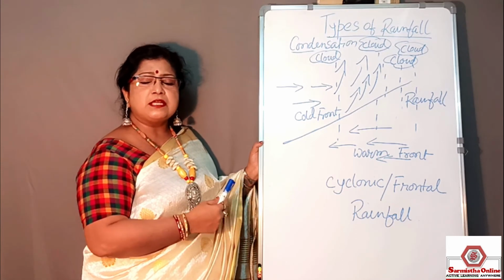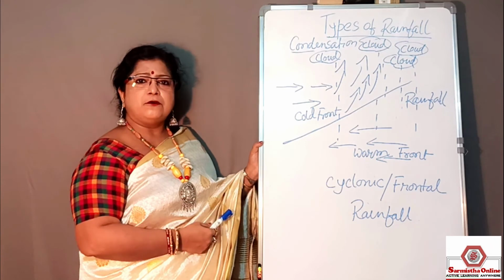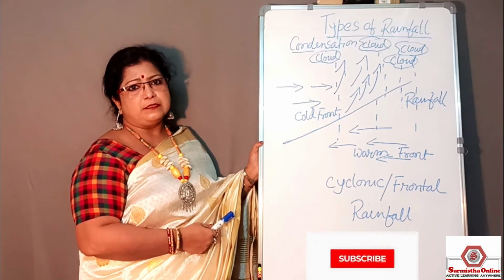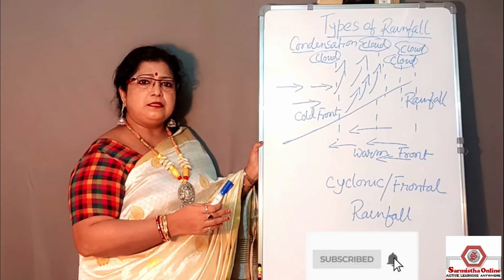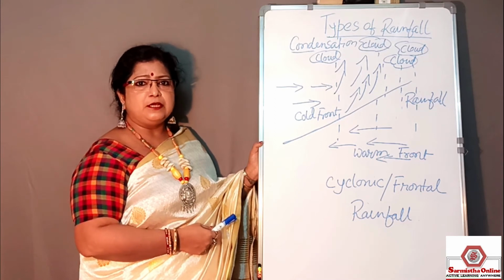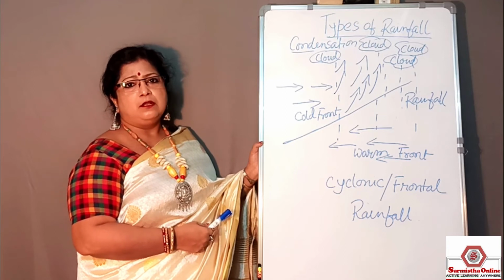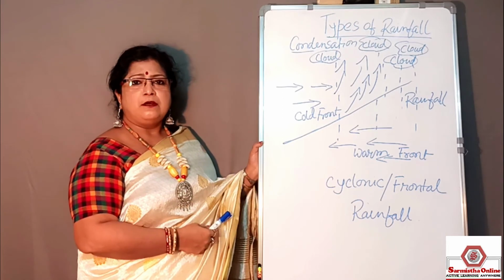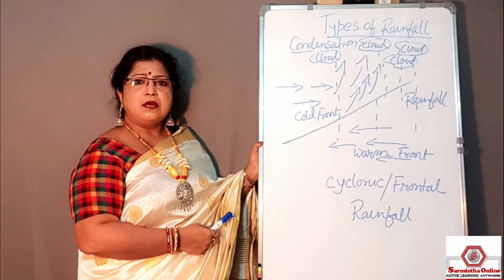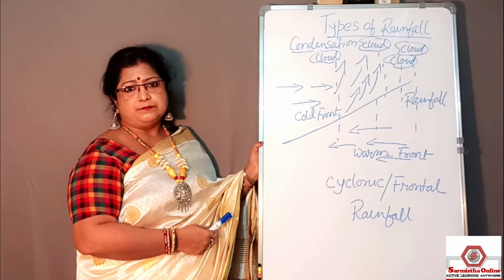Generally in the coastal areas, this type of rainfall is very much prevalent. In India, in the coastal areas of Bay of Bengal, this type of tropical cyclones are very much common.